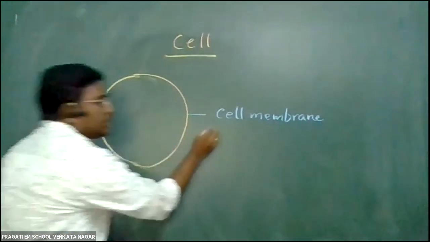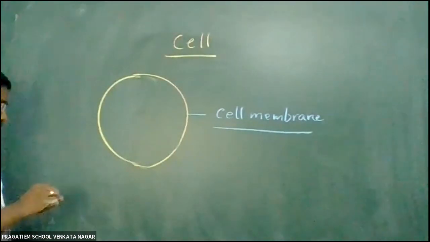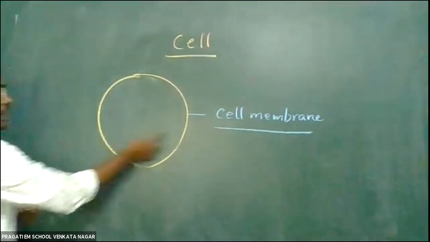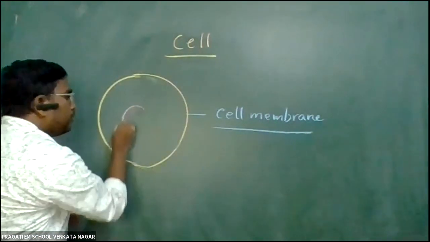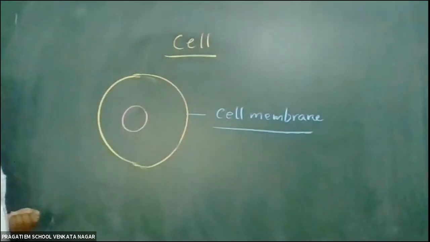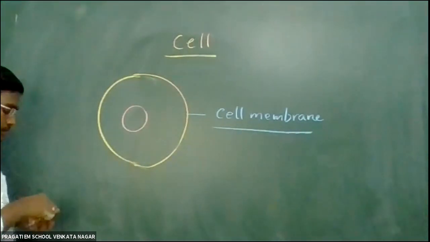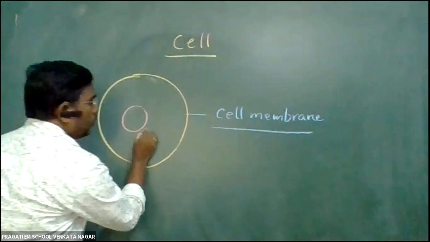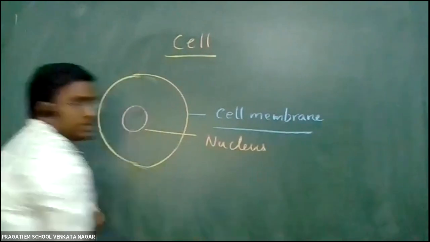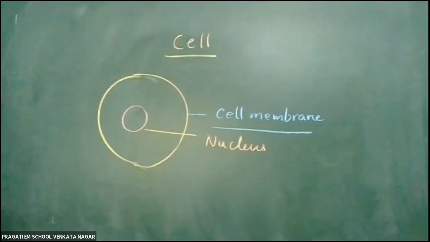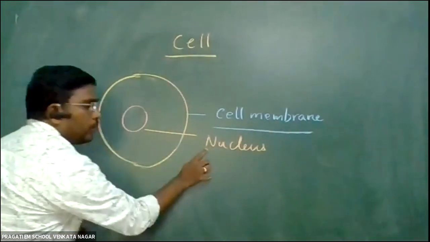And the next basic component inside this cell, the basic unit and the control unit of the cell, is known as the nucleus. The center part is called the nucleus.